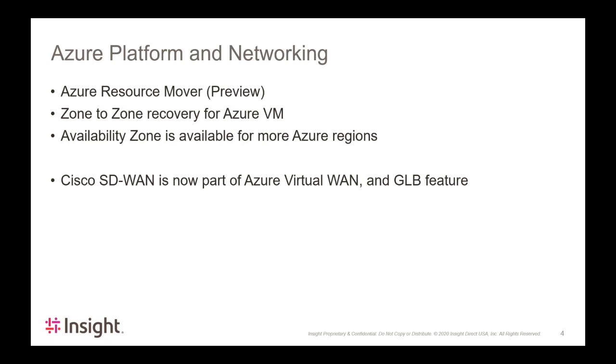The last one is the network update, only one, which is Cisco Meraki has become available for the SD-WAN. You are able to establish your SD-WAN for Azure Virtual WAN, as well as the global load balancer features. Which means you can literally create Azure as a centralized switch hub to ingest all your on-premises environment, your AWS, wherever your branch offices, into Azure.